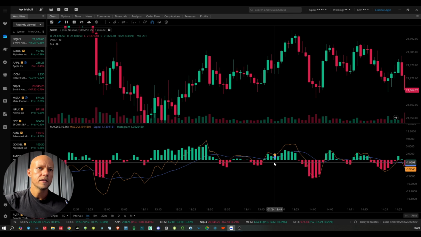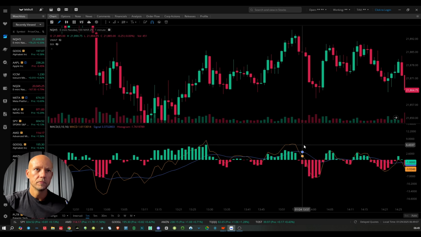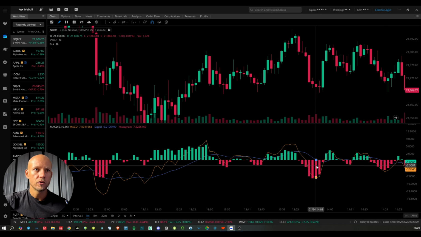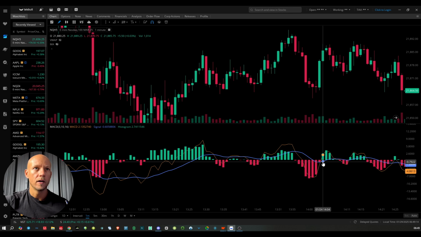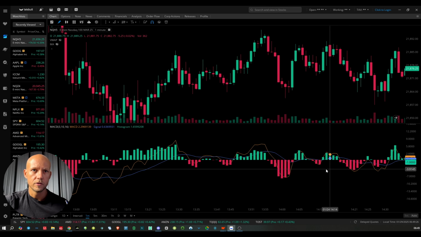So let's say, for example, the last trade was here. Final exit there, for example, and then you never took a long here. So that's a cross above, but the blue line is below the 0 line, so that's not a long. Waiting for a short, that's not a short. That is very marginal because it's very close to the 0 line.